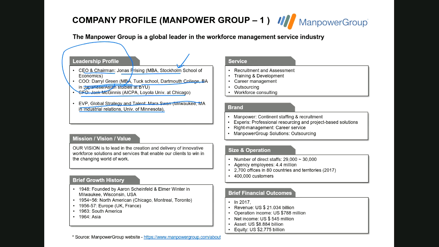People management. Okay, good. Now, what can you see that they emphasize in their business? Manpower.com has a Swedish CEO, Asian expertise, a CFO, and an EVP of global strategy and talent from Milwaukee.